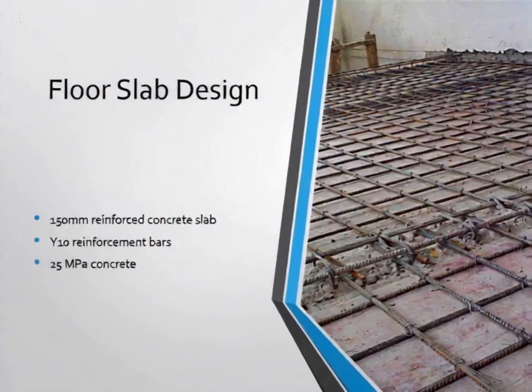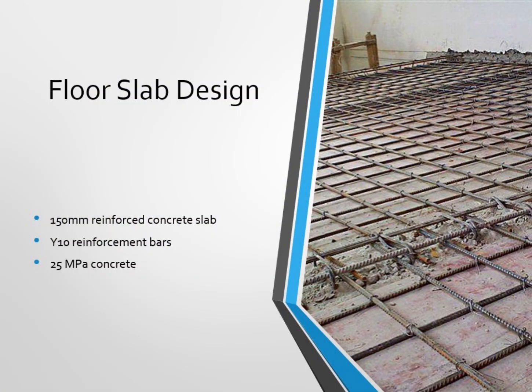Floor slab and roof slab. The base slab is typically reinforced concrete. Why? Because it prevents settlement, prevents groundwater intrusion, and supports wall loads. A typical slab will therefore have a thickness of 150 millimeters with Y10 reinforcement bars and a 25 MPa concrete strength.